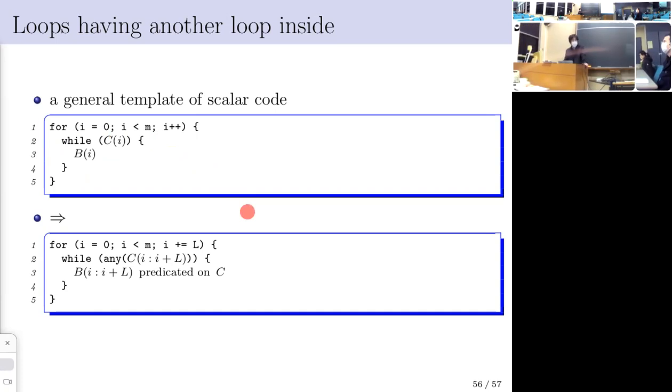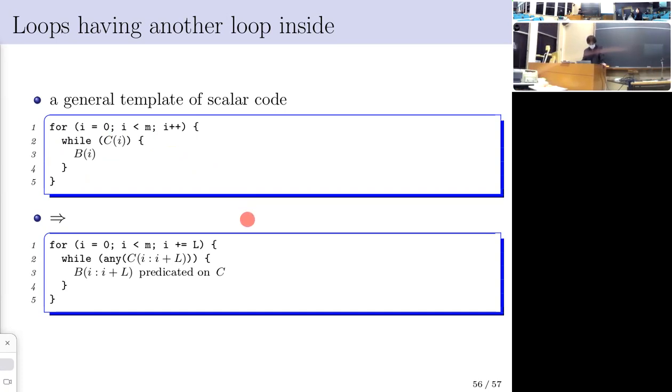Again, predicated instructions are very helpful. The entire loop continues as long as there's any lane on which this condition is true.